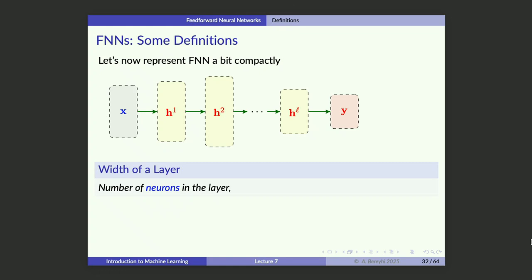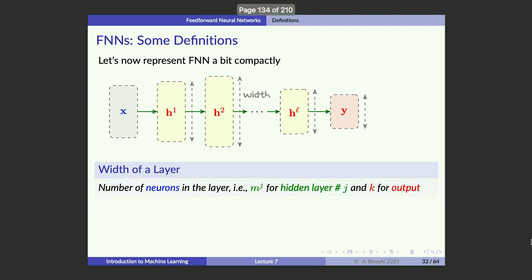So for the moment, the depth here is L plus 1. The width of one layer is the number of neurons you have in that layer. Basically, you just count the number of outputs you get at every layer. So this is usually defined for one layer. Those m superscript j are the widths of the hidden layers in our previous slide.